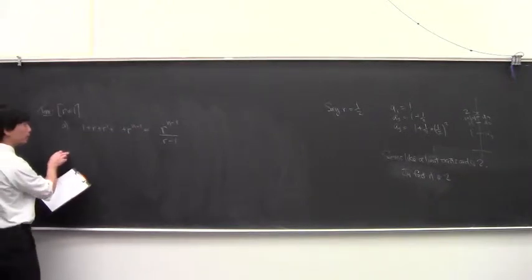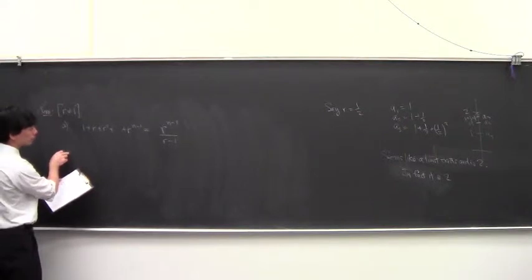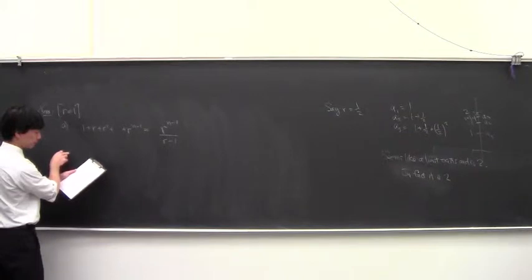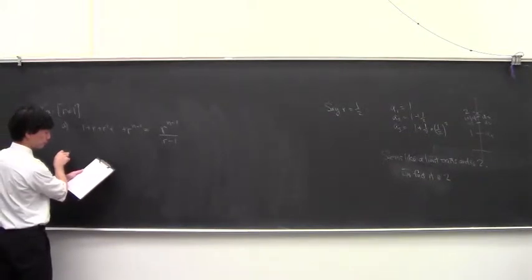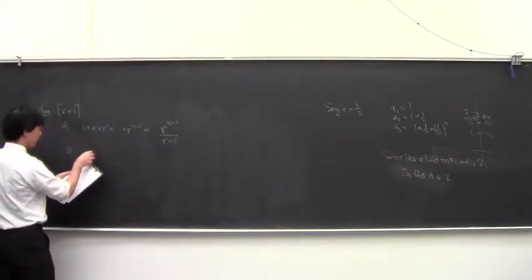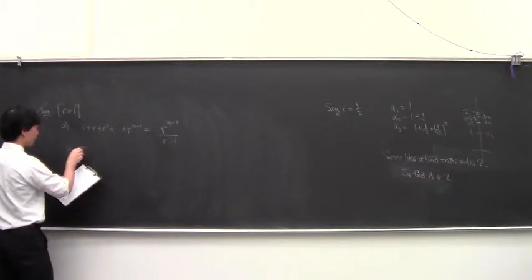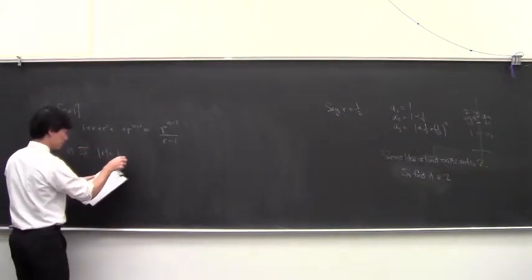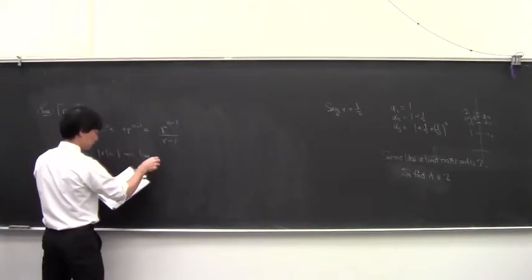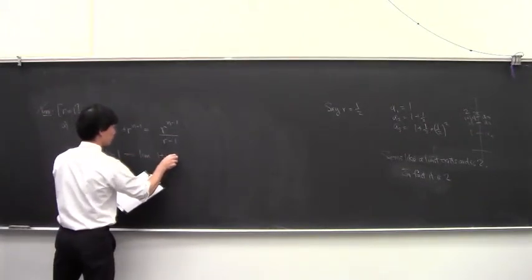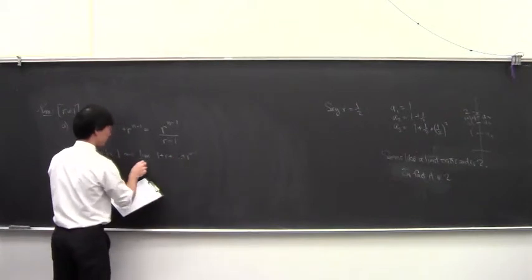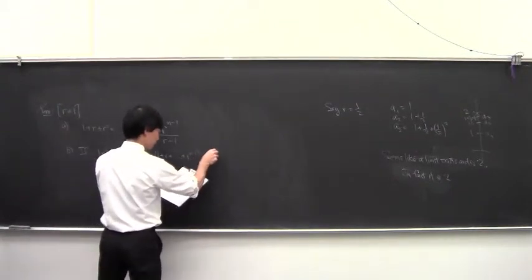And the second part says that if the absolute value of r is less than 1, then the limit of 1 plus r plus up to r to the n minus 1, as n goes to infinity, is 1 over 1 minus r.